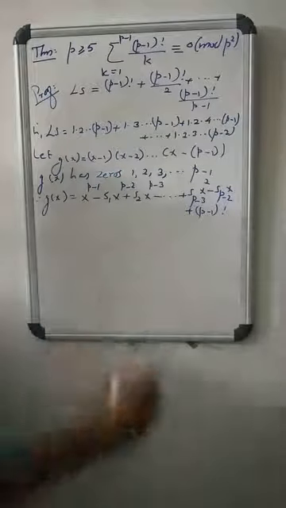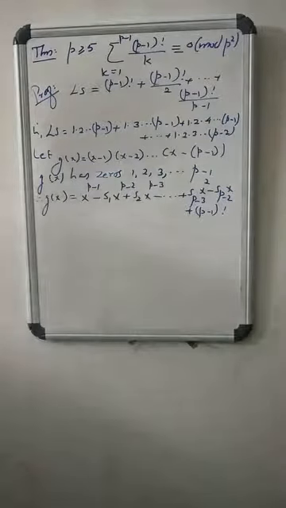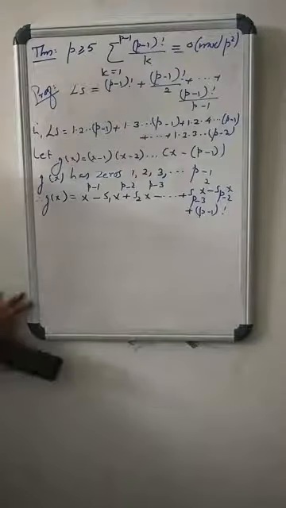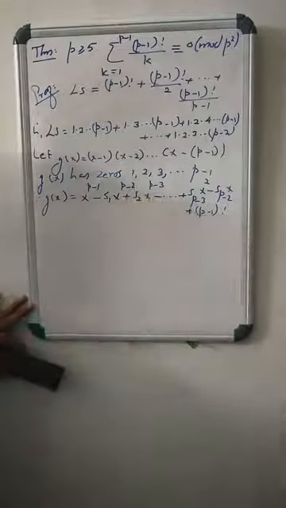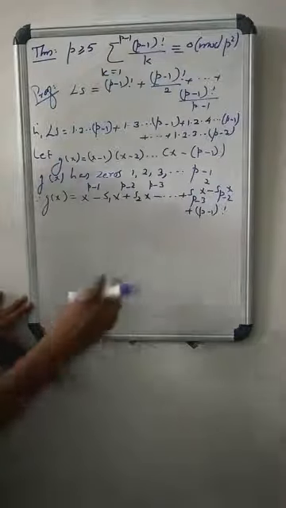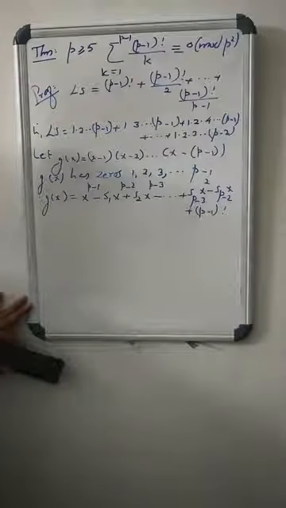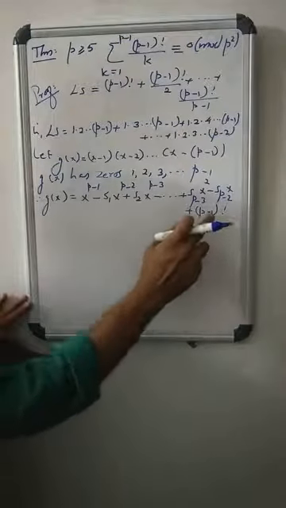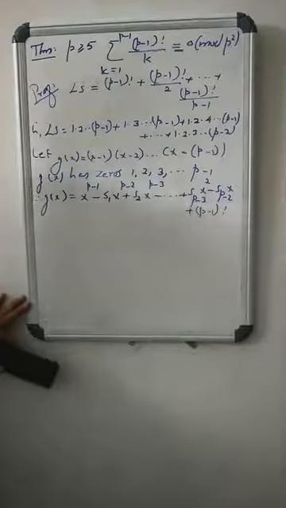If you open the bracket, g of x equals (x minus 1)(x minus 2) etc. (x minus (p minus 1)). This can be rewritten as x power p minus 1 minus s1 x power p minus 2 plus etc. plus s(p minus 3) x square minus s(p minus 2) x plus (p minus 1) factorial.